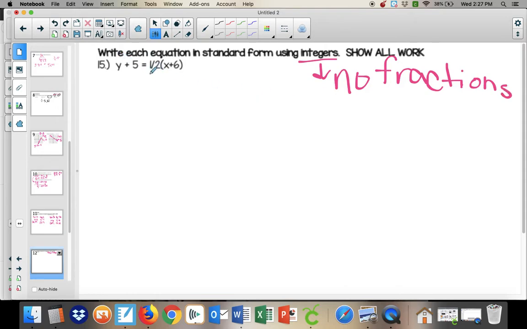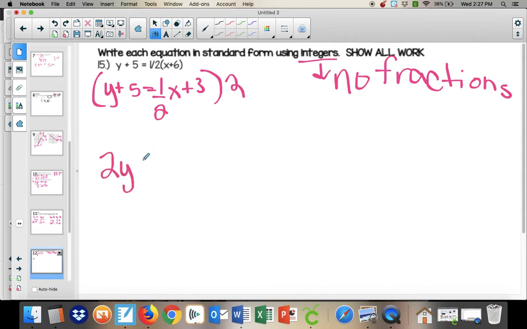So with this one, I can do a couple things. I can distribute out, and then multiply by the denominator, which is 2. And then the 2 goes to the y, so 2y, to the 5, so plus 10, to my x, so half of 2 is just 1, and then to my 3, so 6.